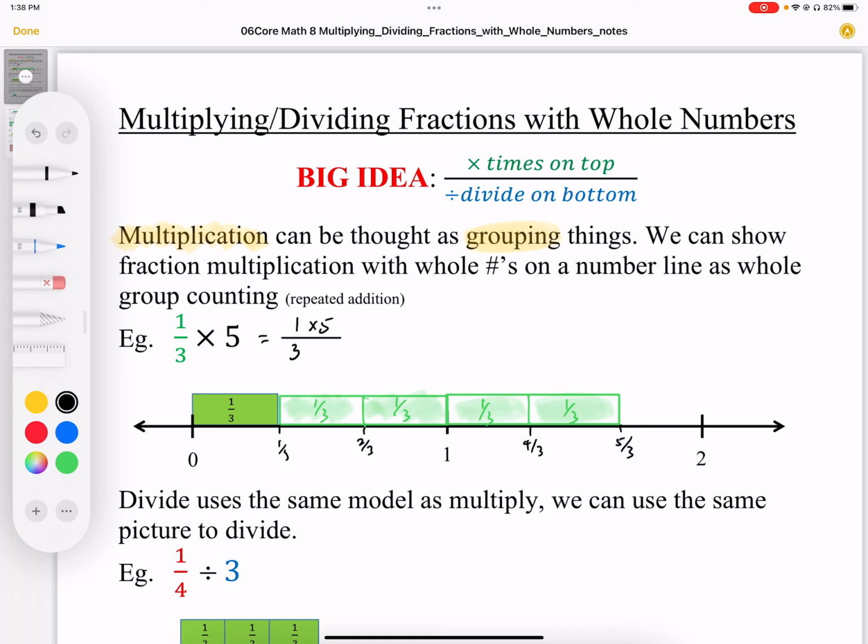It does not go on bottom as well. When we times by 5, we don't times both the top and bottom. That was only for doing equivalent fractions. Because we have a times, that times 5 can go on top. So we end up with 1 times 5, which is 5 on top, 3 on bottom, and that's the same as counting up 5 1/3 pieces.